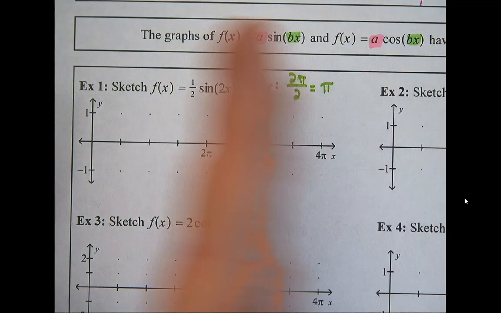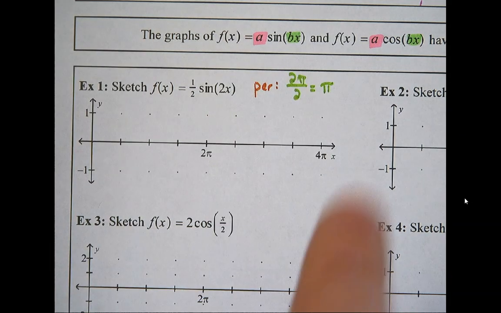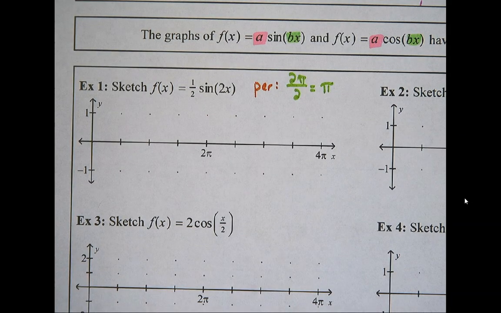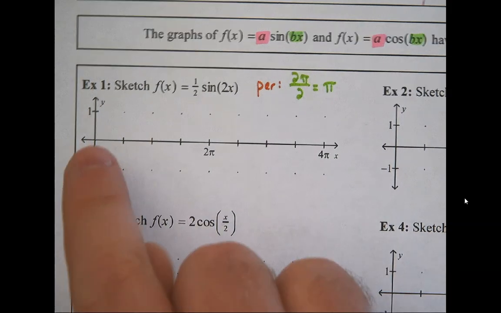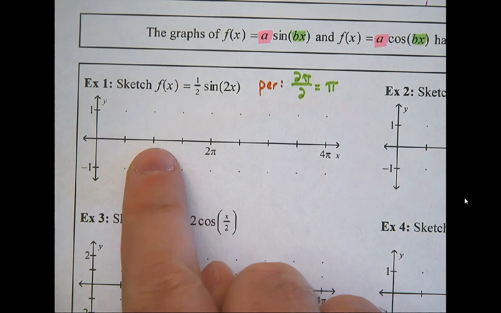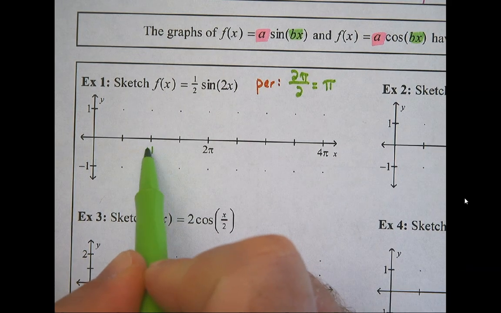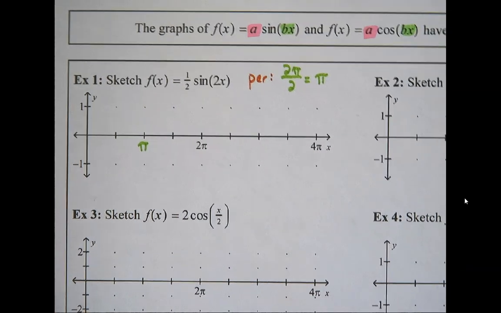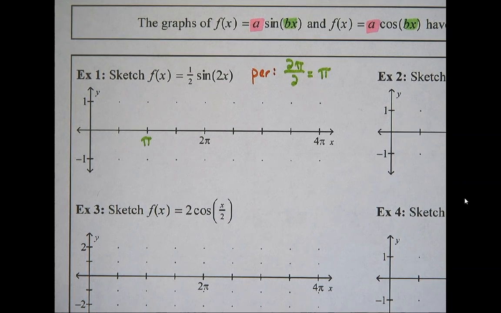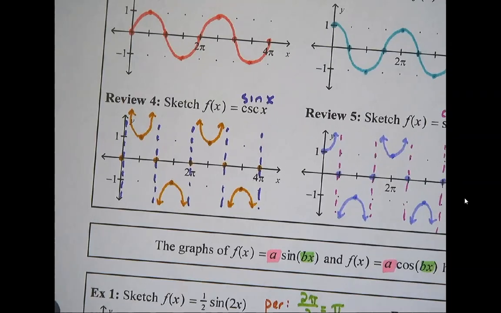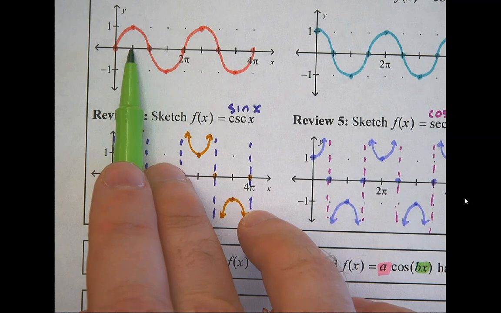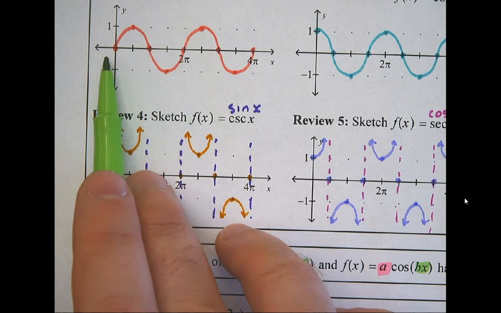So that means our graph is going to have many more ups and downs, or troughs and valleys, I can't remember what that name is. By the time we get to pi, our graph needs to have completed a full period, or a full cycle. When we sketch these, how many tick marks did we need to get to a full cycle? We needed 4 tick marks.